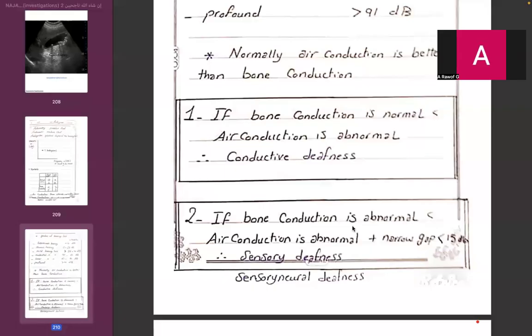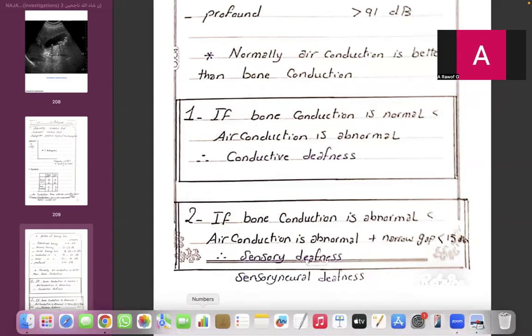Next, if bone conduction is abnormal and air conduction is abnormal and a narrow gap less than 15 decibels, sensory neural deafness. Okay, let's go to the sensory neural deafness now.